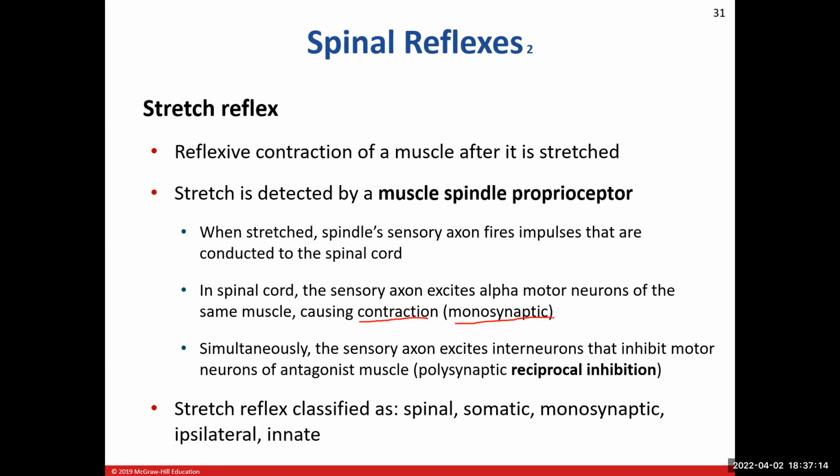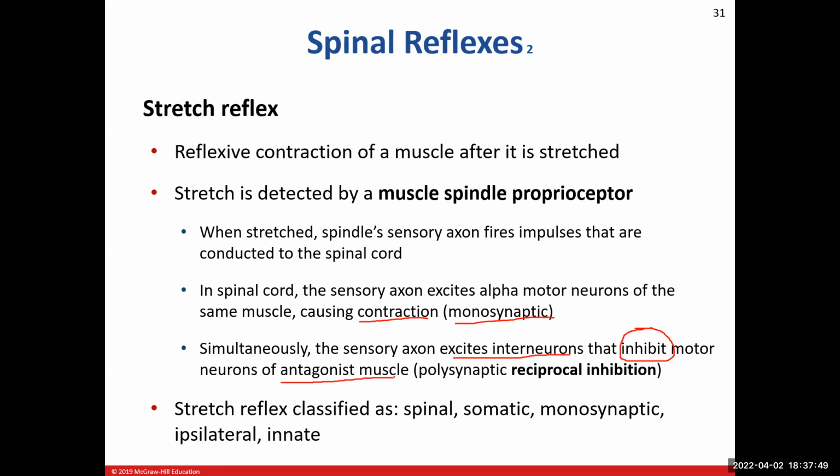So here's what we're going to see. That sensory neuron that is stimulating the alpha motor neuron ipsilaterally on that same side to the triceps brachii is going to excite an interneuron in the spinal cord. And that interneuron is going to inhibit the motor neurons to the biceps brachii muscle, which in this case is what we refer to as the antagonist muscle.